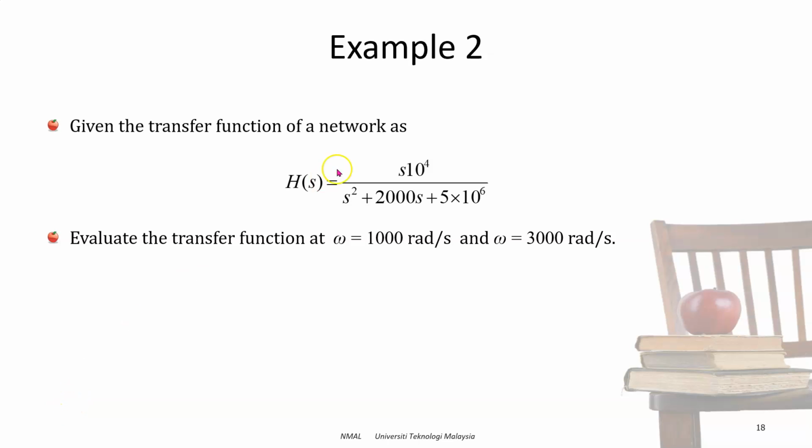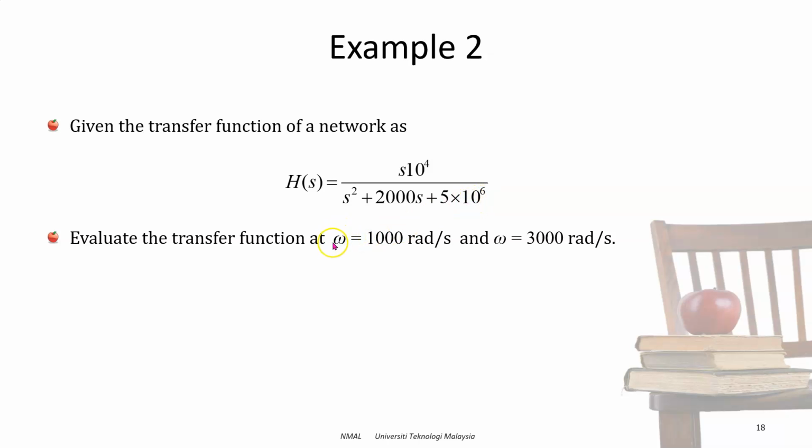Another example. Let's say the transfer function for a network is already given as H(s) equal to s multiplied by 10 to the power of 4, divided by s squared plus 2000s plus 5 multiplied by 10 to the power of 6.